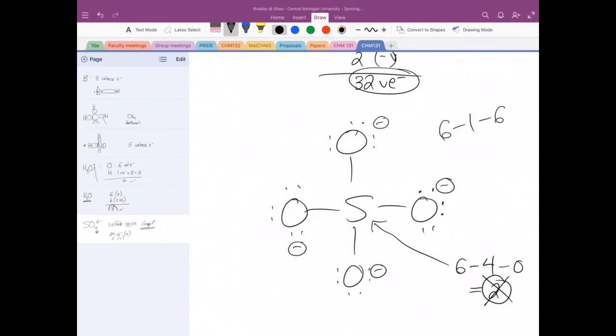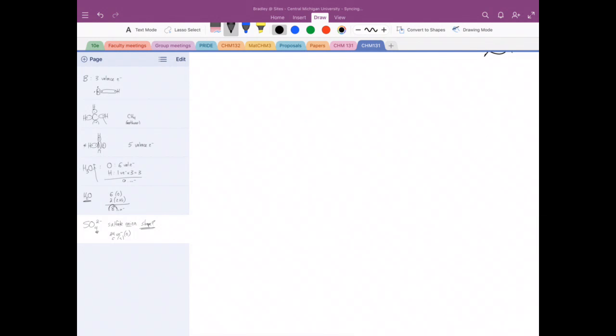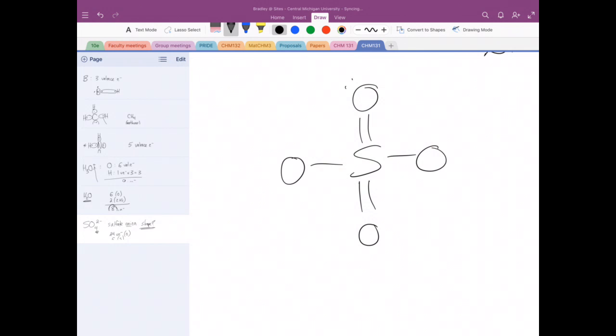And so really the best Lewis structure for this is actually this. Okay, where I'm putting in 2 double bonds. And now if you look at sulfur, it can have more than 8.